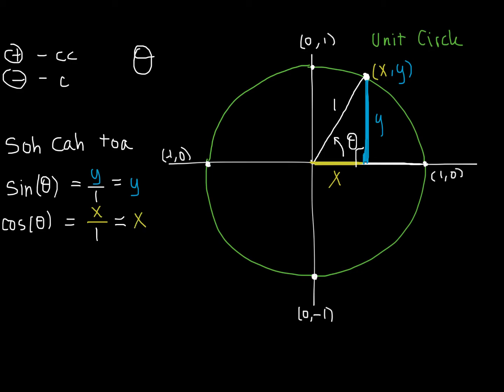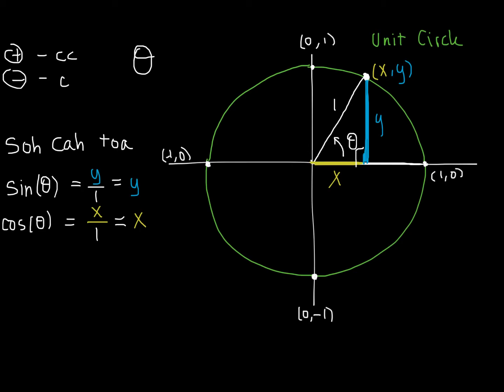And so here you have it. For any angle that I've rotated, any angle theta, the coordinates x and y are given by the sine and the cosine. The cosine of this angle will give you the x value, and the sine of this angle will give you the y value. It's pretty simple.